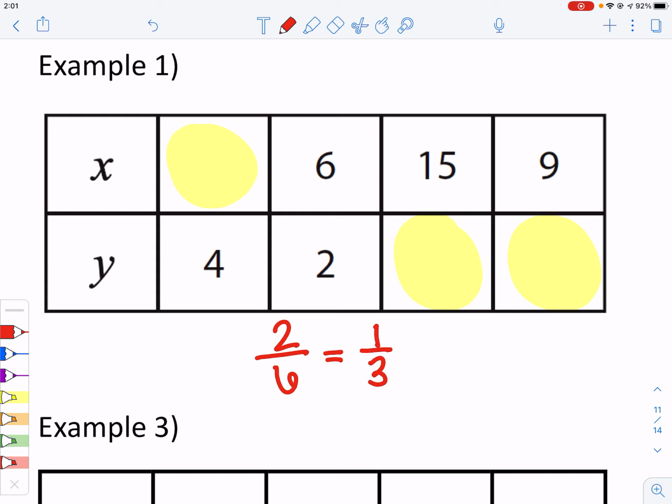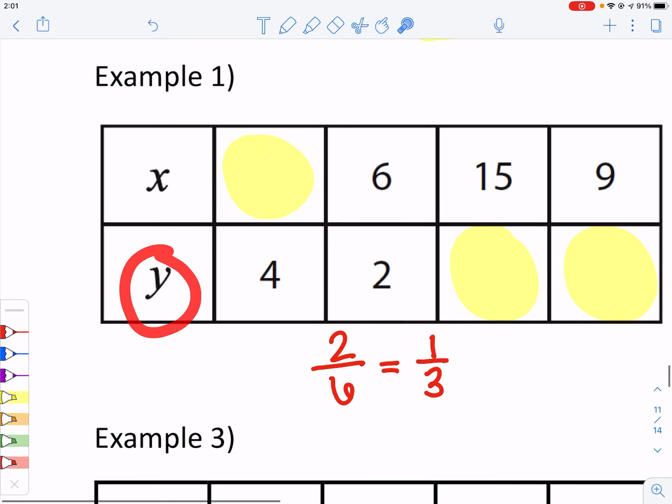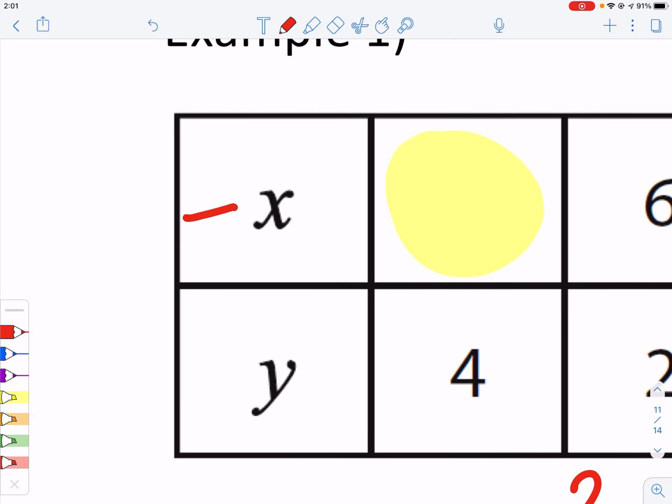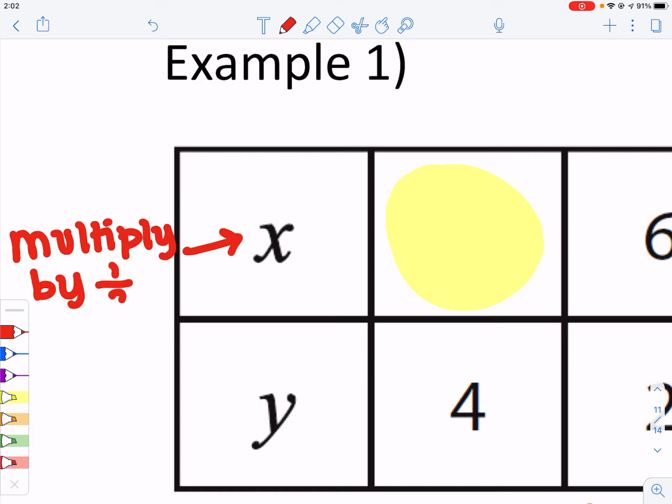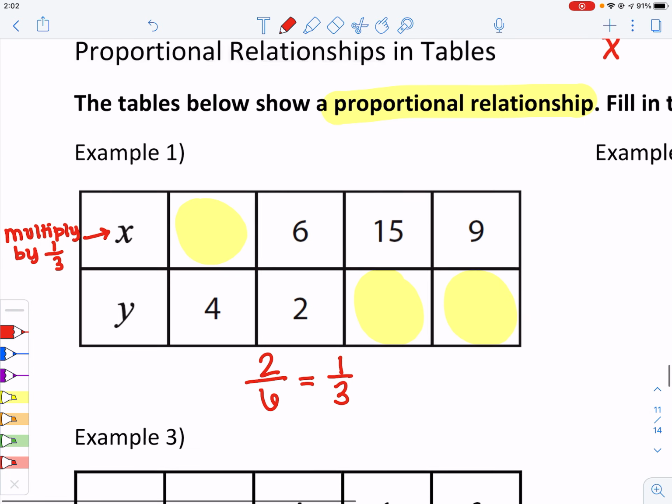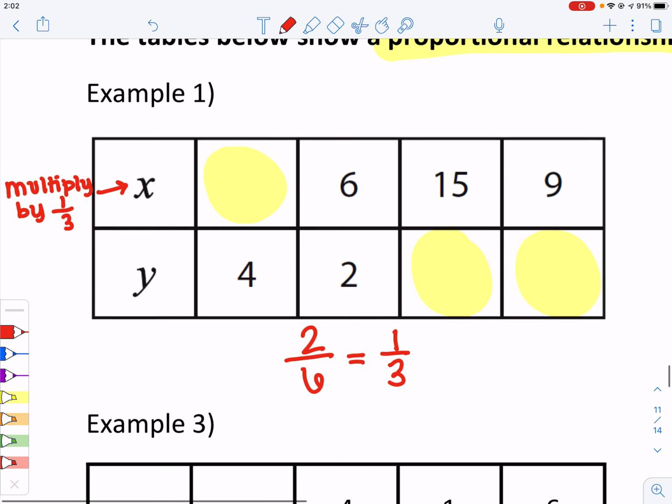Okay, so what that means is I can take my x value, multiply it by 1/3, and I'll get my y value. So next to x, let's say multiply by 1/3. And something you might notice here is instead of multiplying by 1/3, we can take a look at the 6 and the 2 and see what else we can do.